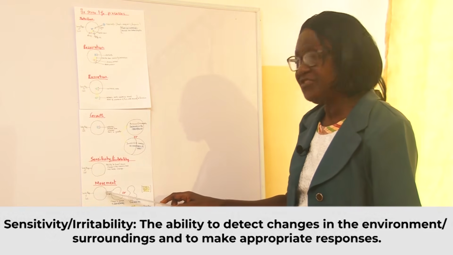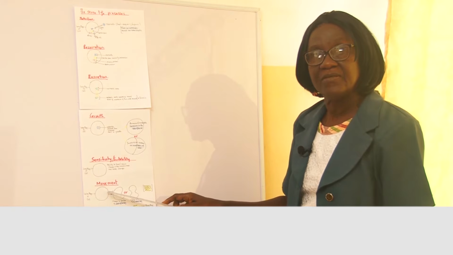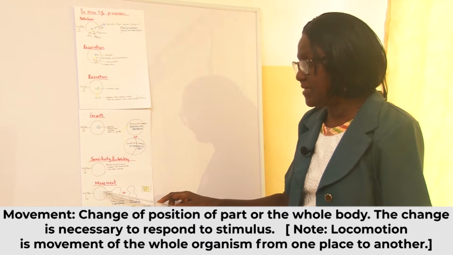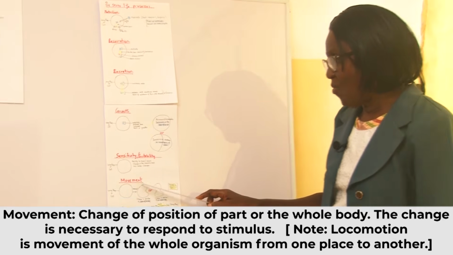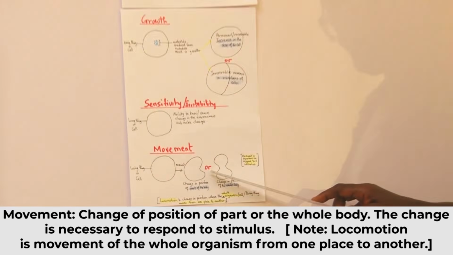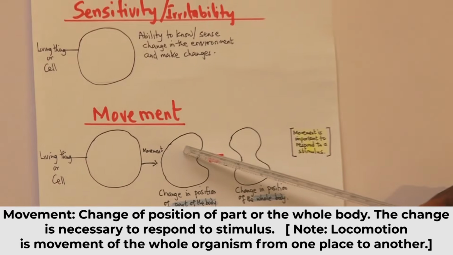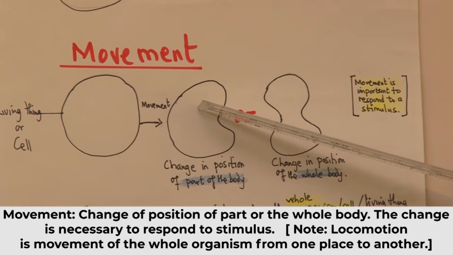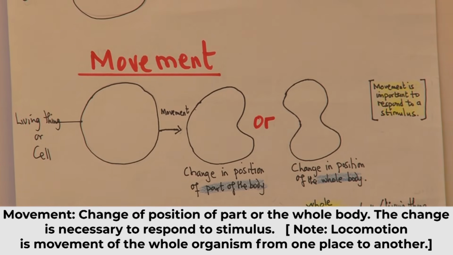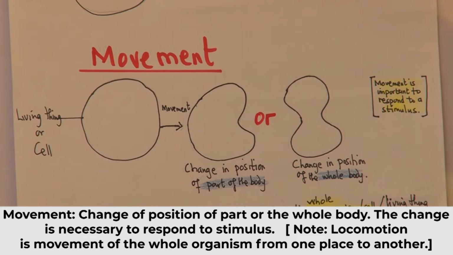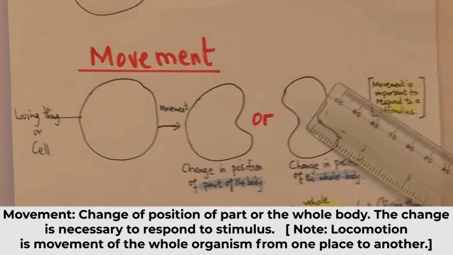Movement is change in position of this living thing or cell. So you see this living thing or cell here. Once part of it changes, it's changed position. All right, and it's movement. Or the whole organism can move and squeeze, and that is movement.